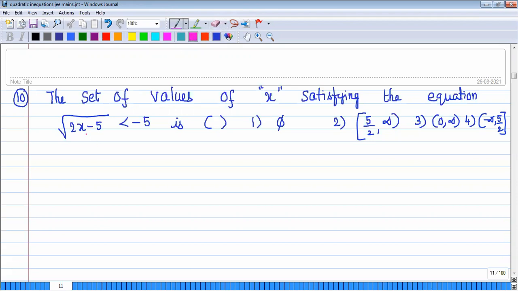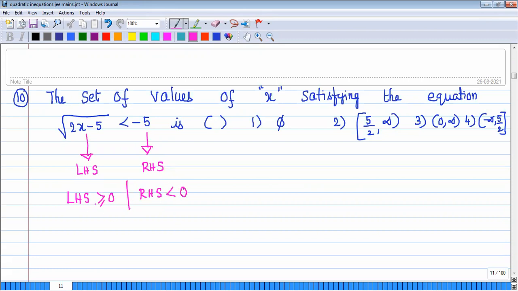So my dear students, you remember this is the left hand side. This is the right hand side. Left hand side is the square root of any number, which is always positive. This is greater than 0, or it may be equal to 0. But minus 5, the RHS, will be less than 0.